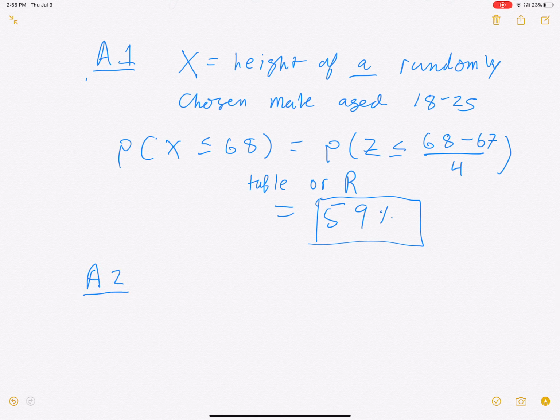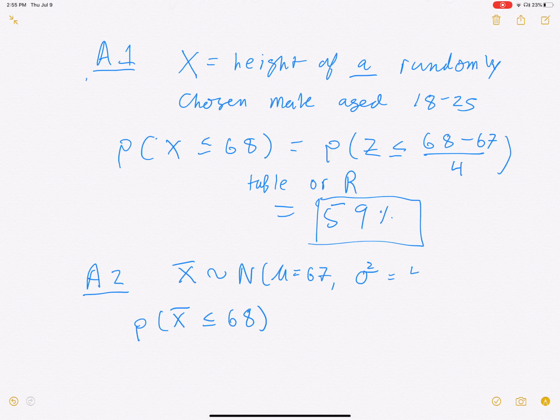For 2, you're asked to calculate the probability the average height, that's represented by x bar, is less than or equal to 68. Now, one thing about x bar is it's normal with mean equal to 67, but its variance is going to be equal to the old variance divided by 30.